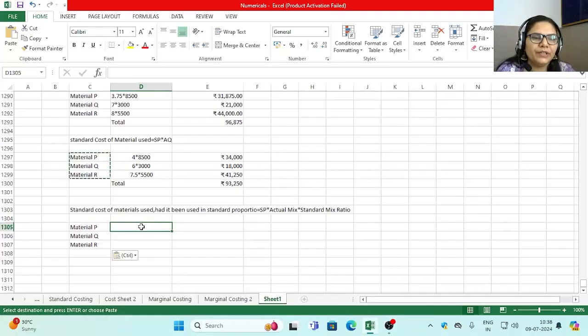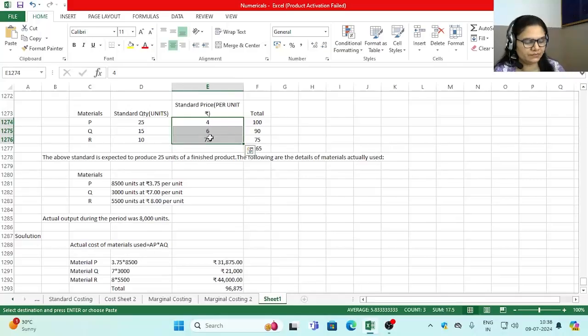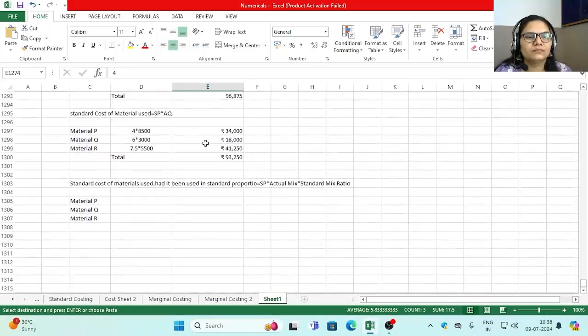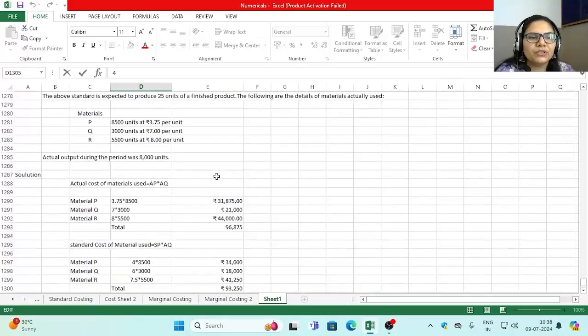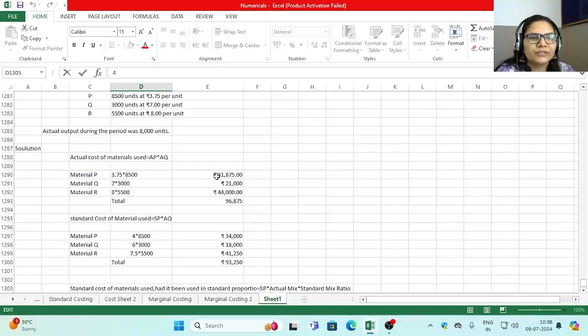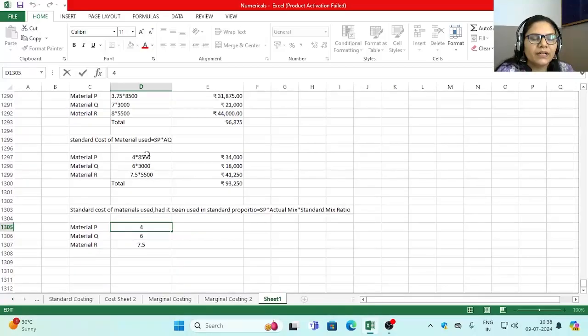Material P, we know standard price. Now they are saying actual mix. Actual mix is 8500, 3000 and 5500. It will be 17,000.